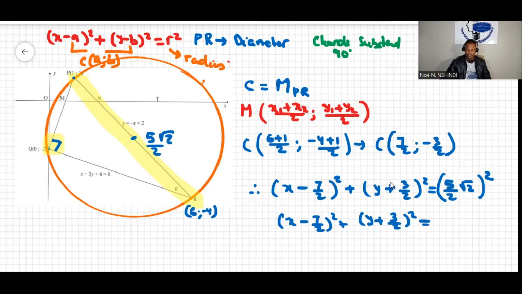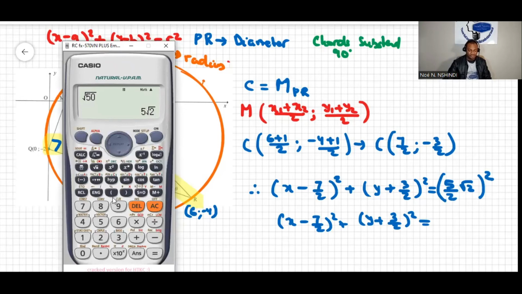If you work this out in the calculator, you can check it. When I rewrite it here, we have 5 root 2 over 2, raised to the power of 2.